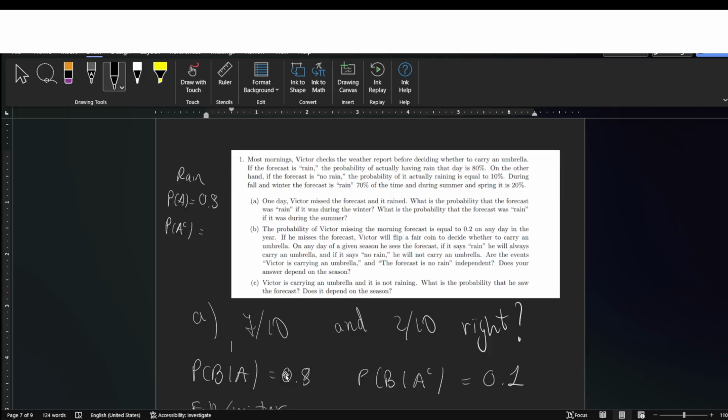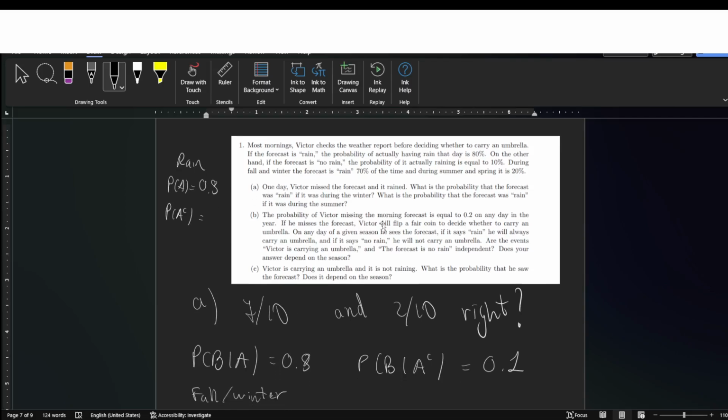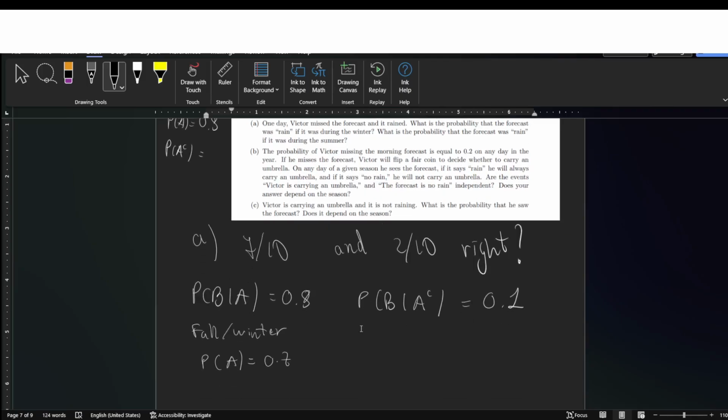Fall and winter, the forecast is rain 70% of the time. And during summer and spring, it is 20%. I think we can even do something like fall, winter, just put it C. I don't know.